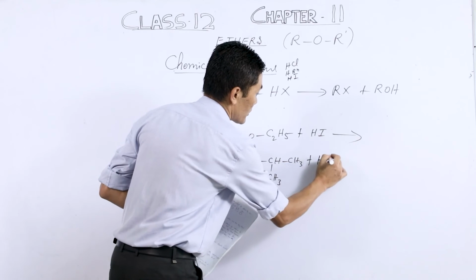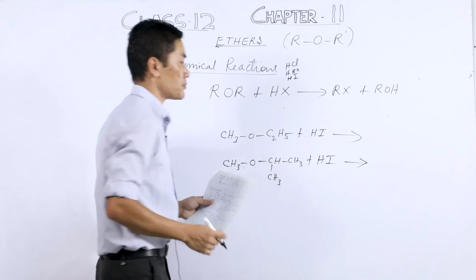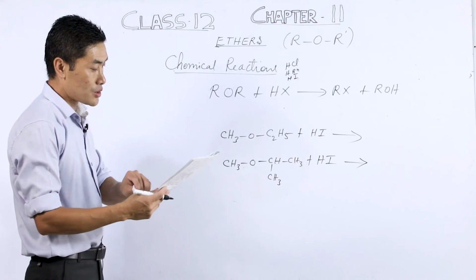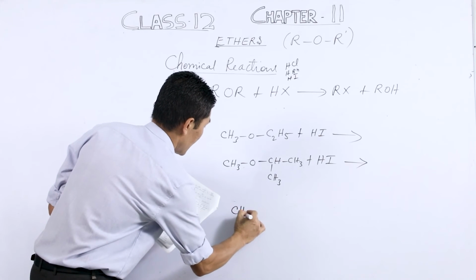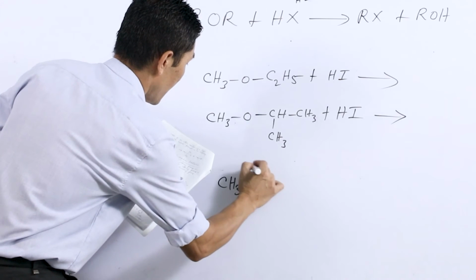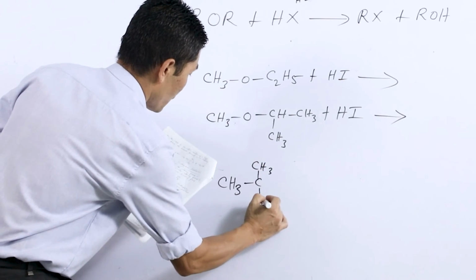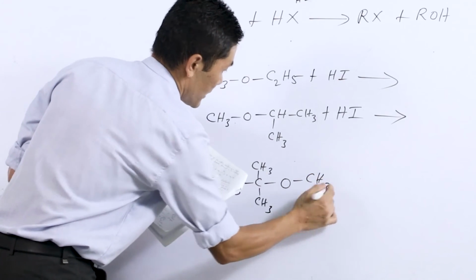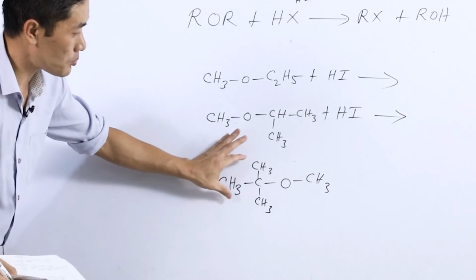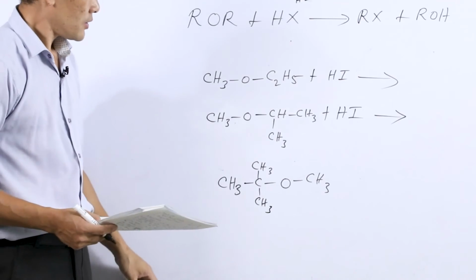This is also treated with a hydrogen halide. Then in the next one, we have a tertiary alkyl group attached to the ether group here. The CH3 group will be primary, but this group is tertiary.